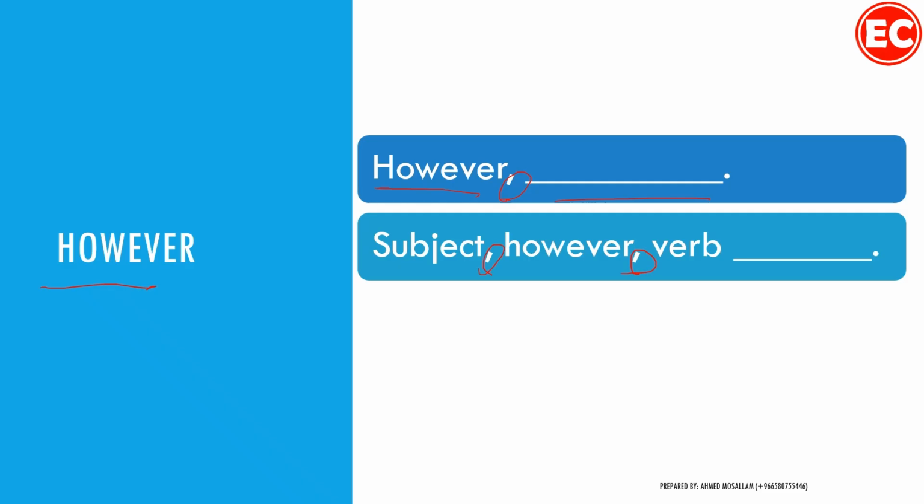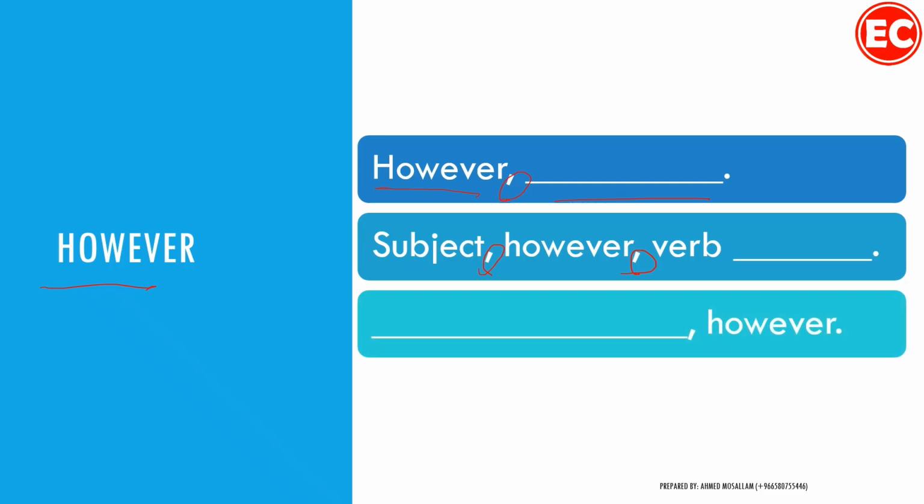All the time, however, has a comma after. Or the last scenario: you have the complete sentence first, then a comma, then however at the end, and then a full stop. You can apply this to all of the transitional words, like though, nevertheless, all the ones that we mentioned.